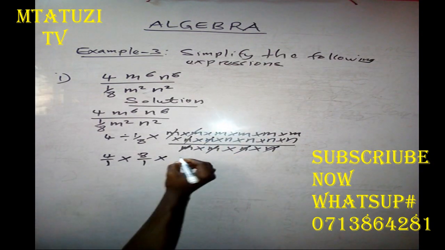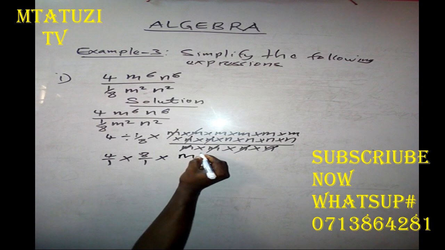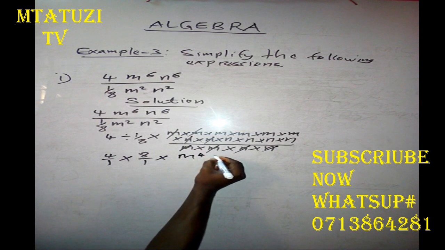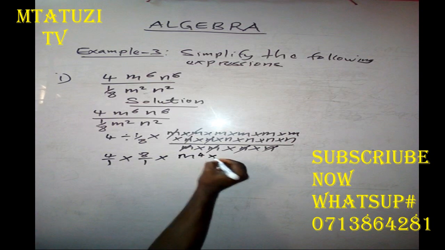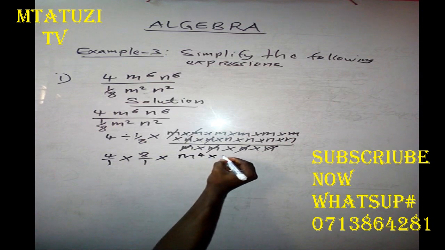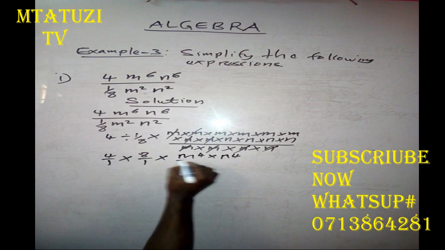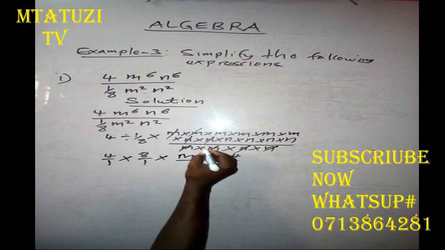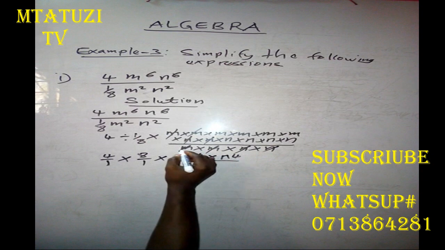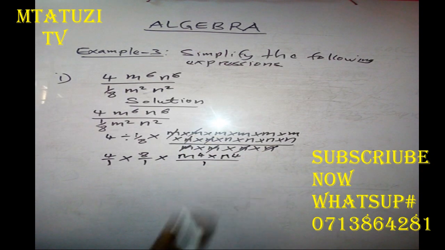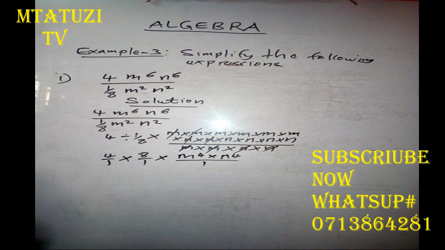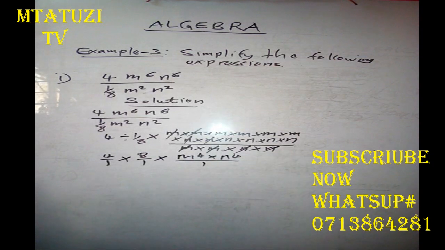So we write m power 4 times n power 4, since there are 4 n's also. Downward, there remains 1, because all of them cancel.